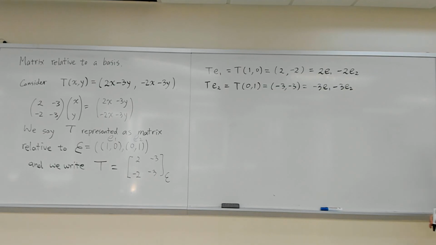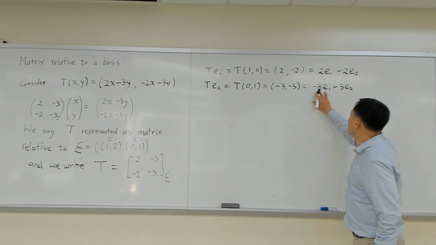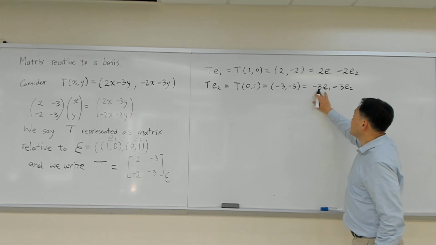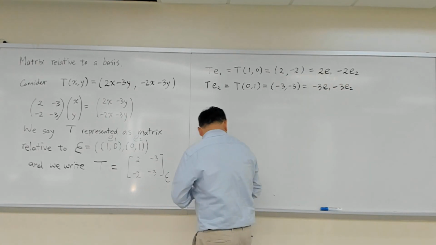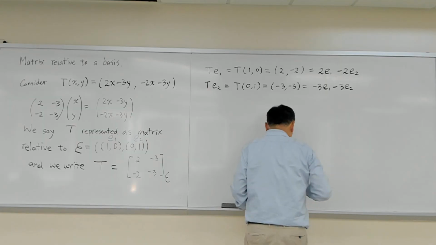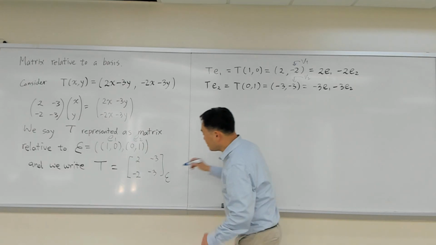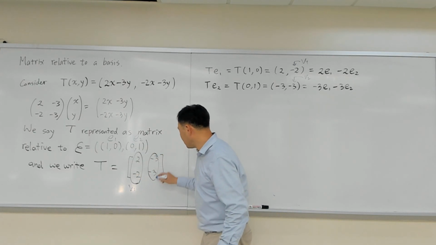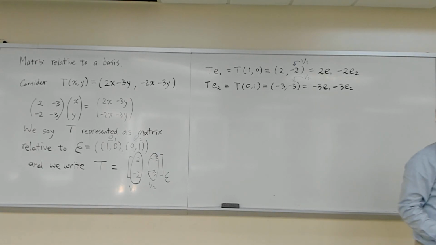And once you find out this, you see that the numbers 2 and negative 2 are, so this vector right here, let's call this V1 and call this V2, and you see that V1 is this guy and V2 is this guy, right? You just write these numbers vertically, and that's the matrix representation. Is that good? All right.